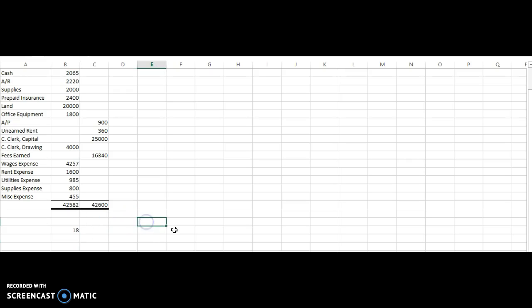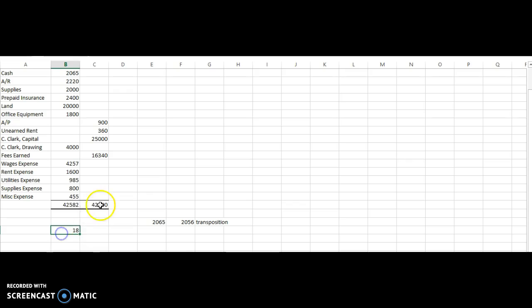So transposition is if the number was 2065 and you wrote 2056, you switched the 6 and the 5. So this is called a transposition error. You might want to write that down. It's when you transpose, you switch two numbers.